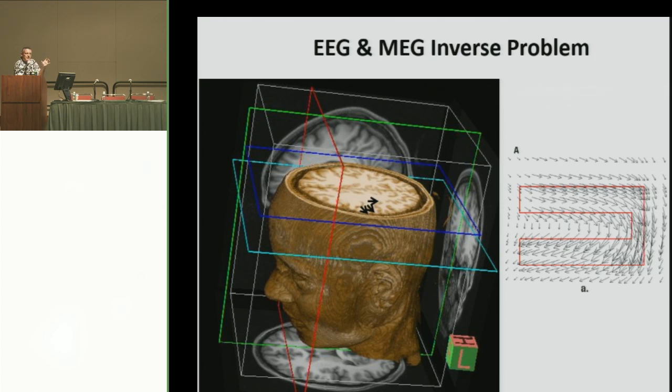So if you have few sources, you have to create a very sophisticated optimization algorithm to solve this nonlinear optimization function. Now, if you assume that they are everywhere, you don't have to localize them. You only need to determine their amplitude. This is linear, but then you get another level of complexity.